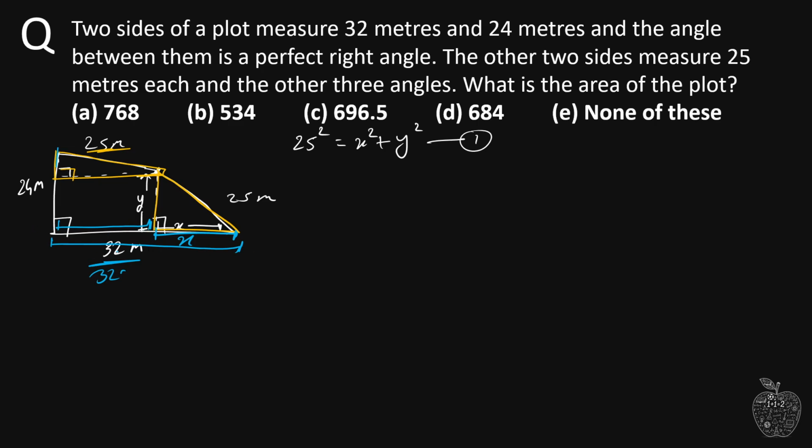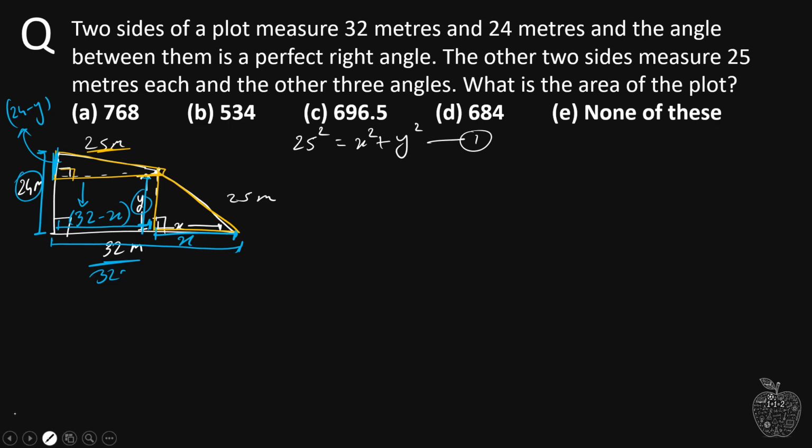It will be equal to 32 minus x, which will be the same for this side as well, because these two are perpendicular. Similarly, this entire side is 24 meters, and this is y meters. Then what will this remaining portion be? It will be 24 minus y. So this side over here will be 24 minus y. All right, this much is clear.